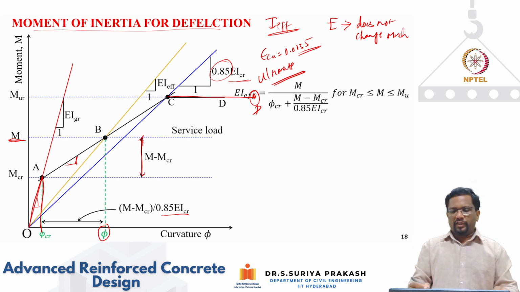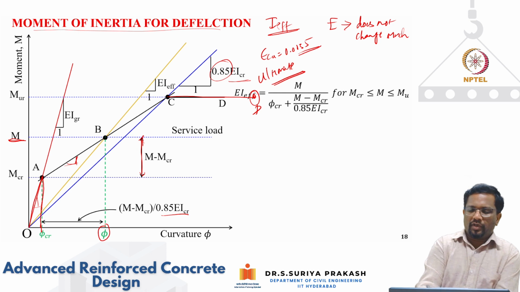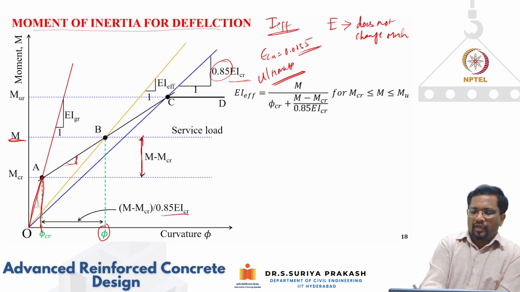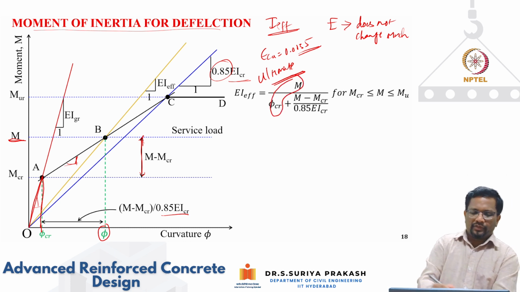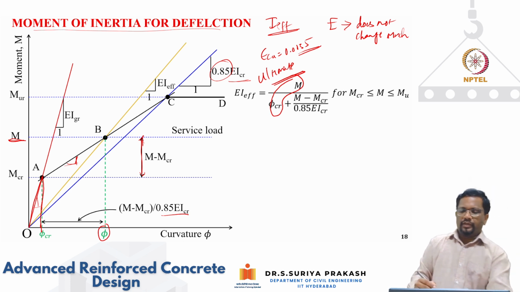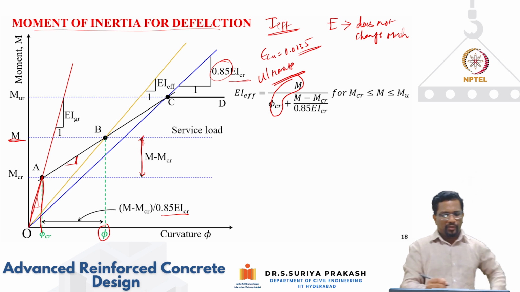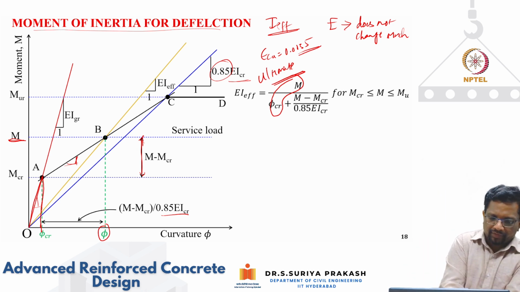Now, what is the total curvature or EI effective that I need to use? It is going to be M by this, plus this additional curvature, which is this. So this is going to be your EI effective. We have taken this slope, which is EI effective.